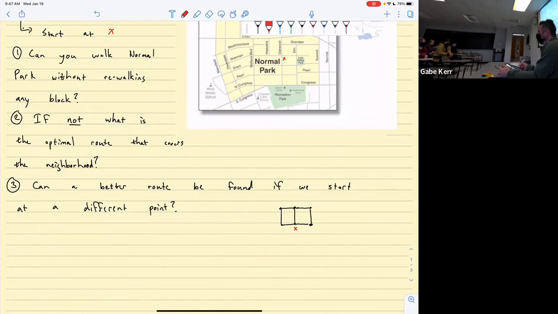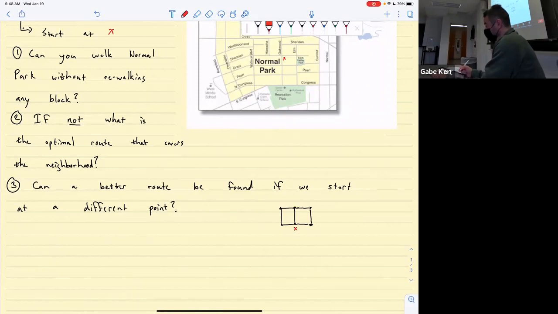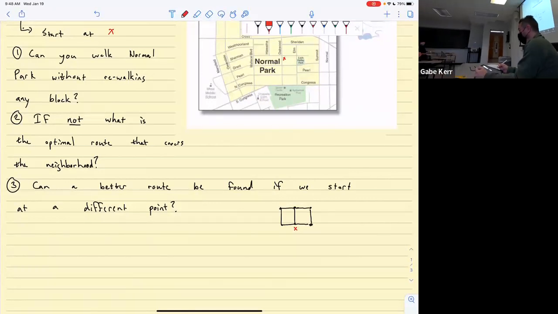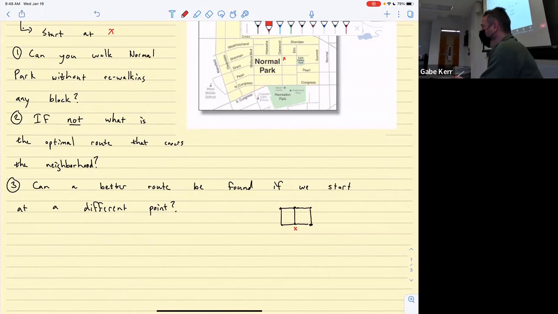All right, so what if the security guard has a coffee right here at X? The security guard leaves his or her coffee there, and therefore must get back to the coffee. So at the end of the route, they must be back at the coffee.